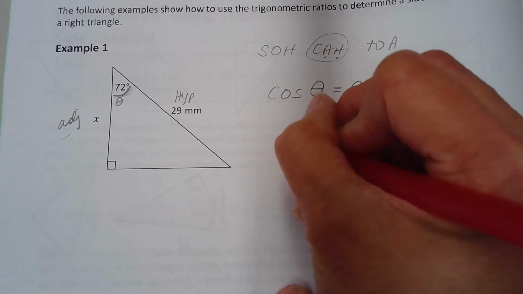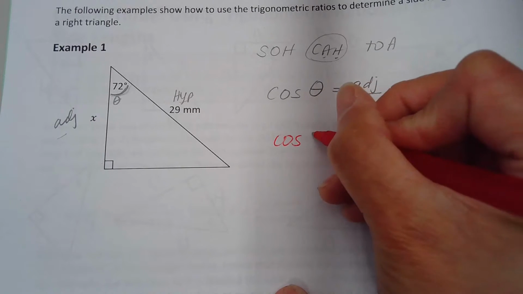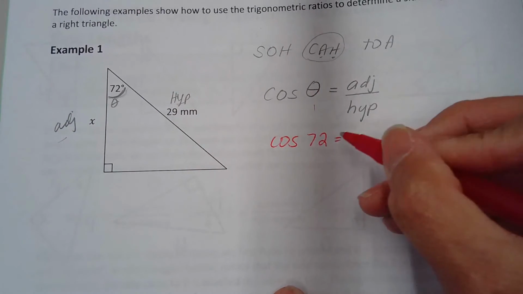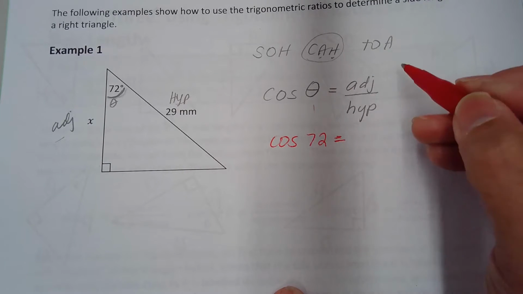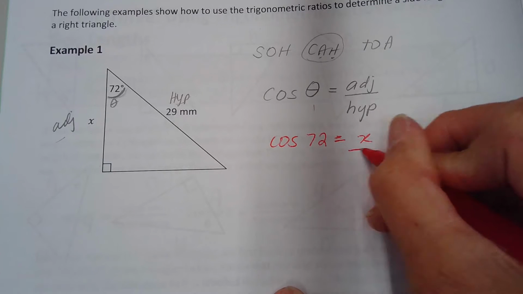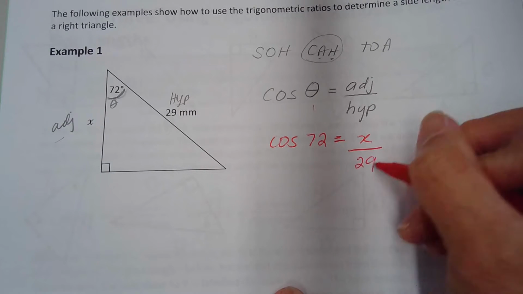So cos of theta. What's our theta? 72, that's our angle. Equals adjacent. Which one is adjacent? x, divided by hypotenuse, 29.